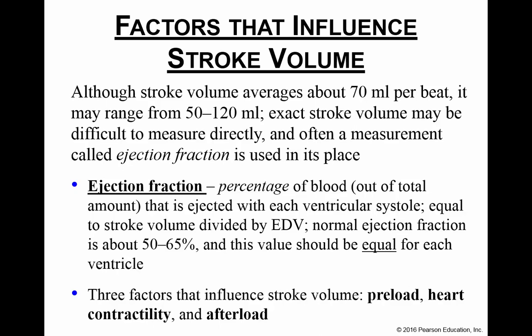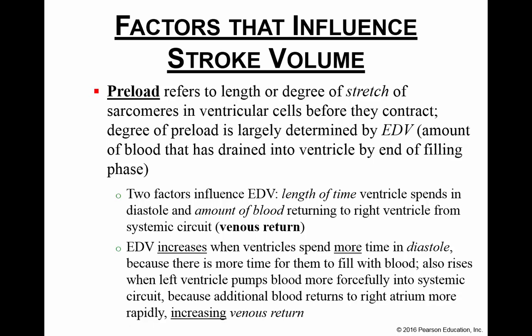There are 3 things that affect your stroke volume: preload, the contractility of your heart, and afterload. Preload is how much, and to what degree, the sarcomeres in the ventricular cells stretch before they contract.